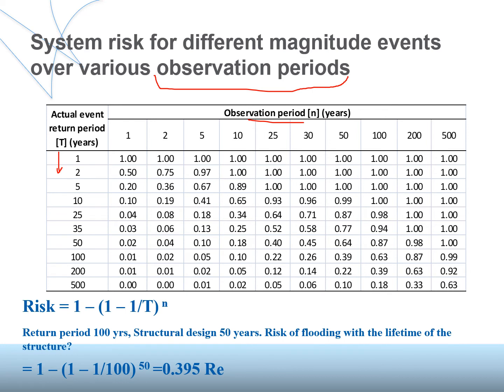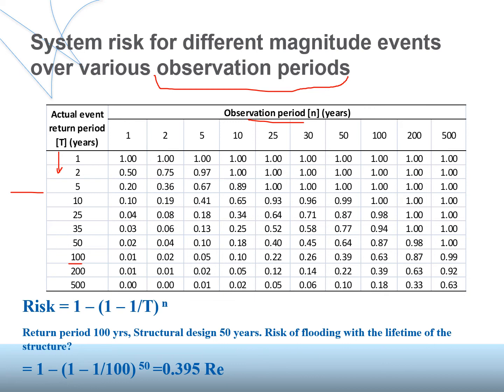So you design for a 100-year return period flood when you design your bridge. Up to a 100-year flood event, your bridge will not have any effect, but if it is more than 100, then the bridge will be flooded. That's the meaning of the return period used in design, whereas observation period means the lifespan of the structure.